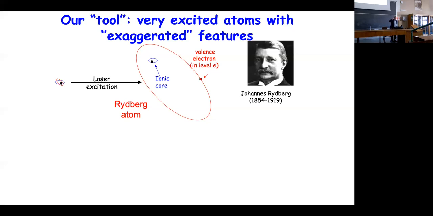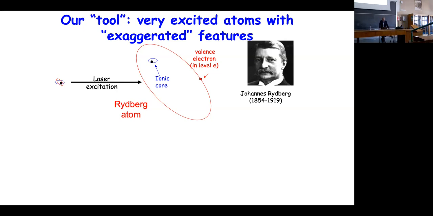And you know that if you get close to the ionization limit, the levels are separated by a smaller and smaller energy gap. And so you need a very well-defined laser frequency if you want to excite one level and not the next one. So we had these lasers, and we were able to prepare Rydberg atoms.